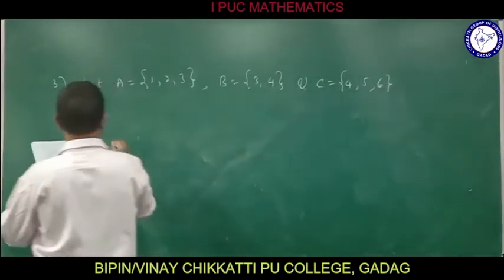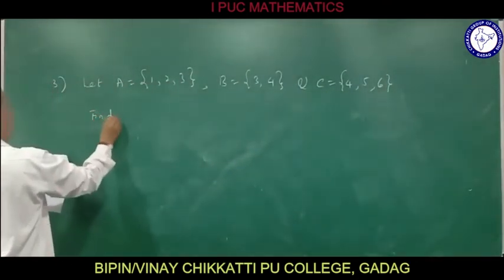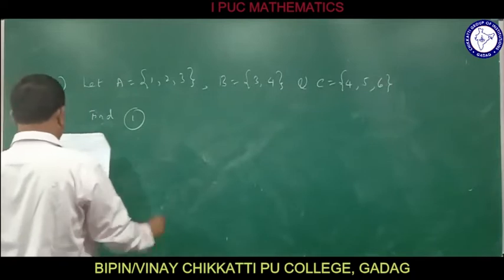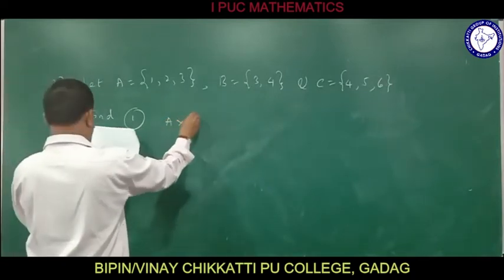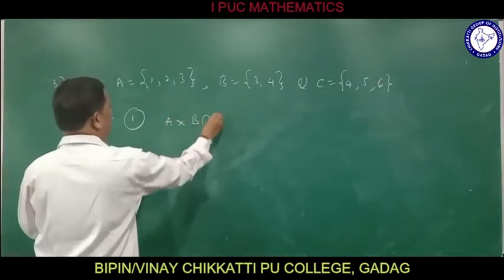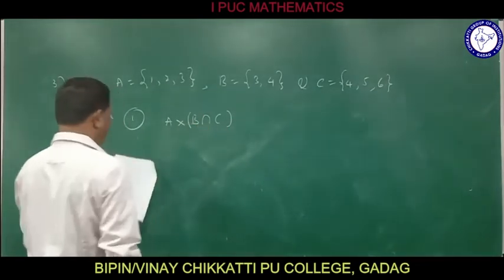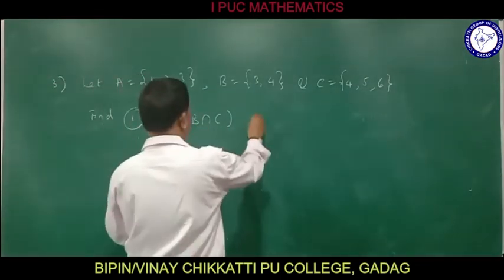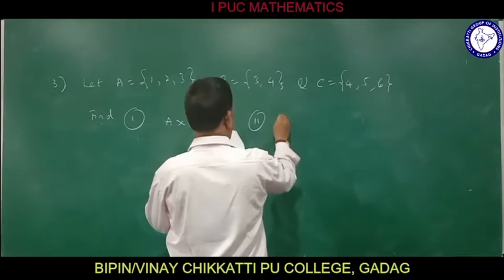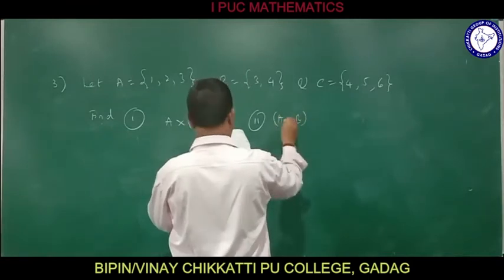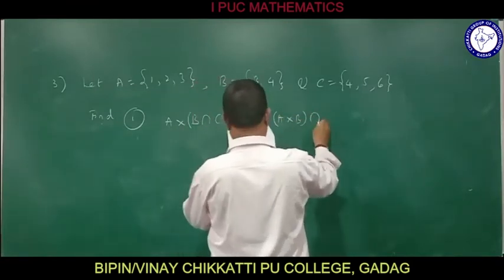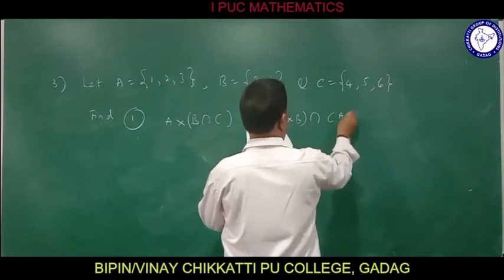There are 4 problems. Find first, A cross (B union C), and second, (A cross B) intersection (A cross C).